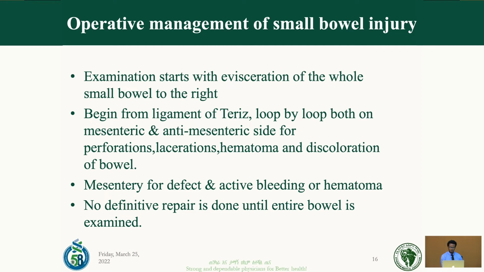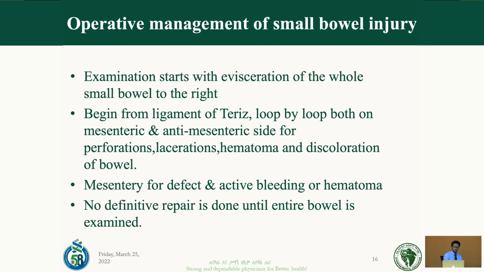So operative management of small bowel injury: as we all know, the small bowel is the commonest hollow viscus that sustains trauma during penetrating abdominal mechanisms. In the principle of management of small bowel injuries, examination starts with evisceration of the whole bowel towards the right side, starting from the ligament of Treitz, where the evaluation has to be loop by loop, inspecting both mesenteric and antimesenteric sides for possible perforations, lacerations, hematoma, discoloration of the bowel and the like.